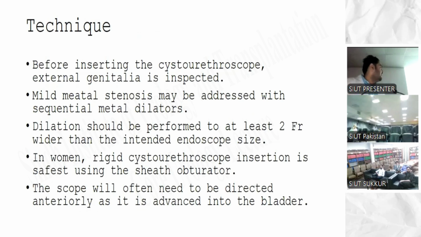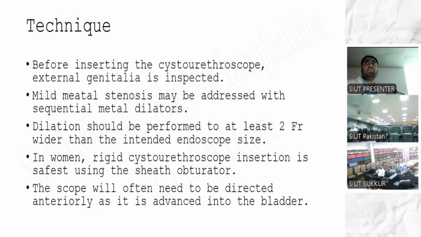Now, whenever we are inserting the cystoscope, we must look for meatal stenosis, and we should use dilators so that the sheath can be easily inserted. The dilatation should be at least 2 FR wider than the intended endoscopic sheath. For example, if we are inserting a 22 FR sheath, it should be at least 2 FR wider.